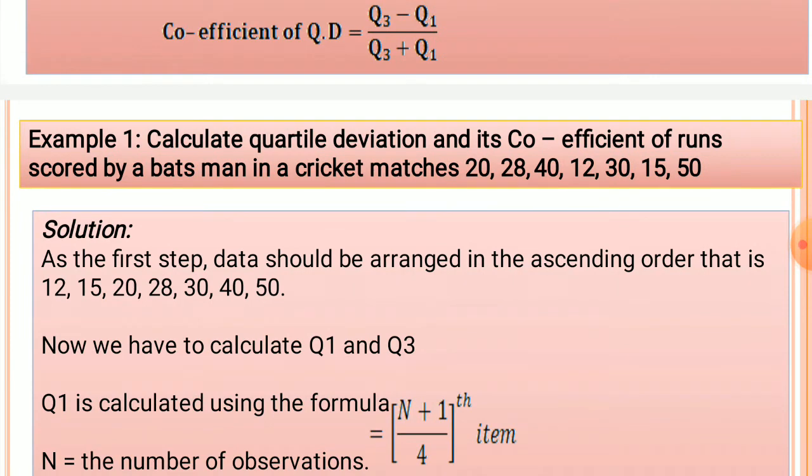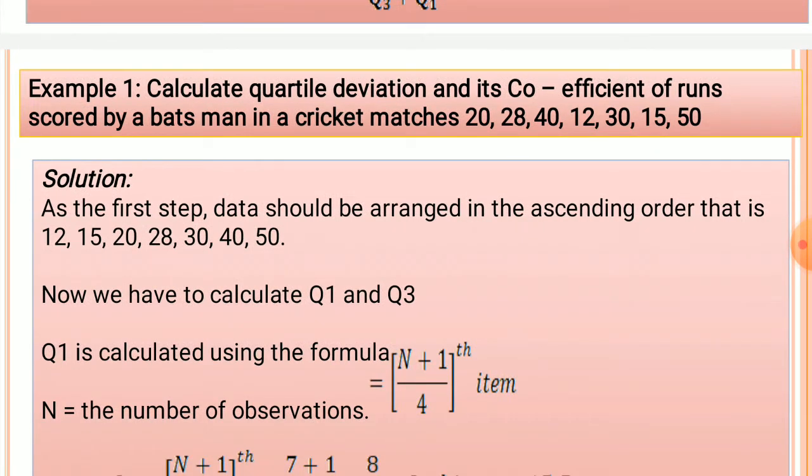Here we are going to solve a problem. Calculate quartile deviation and its coefficient for the runs scored by a batsman in cricket matches: 20, 28, 40, 12, 30, 15 and 50.